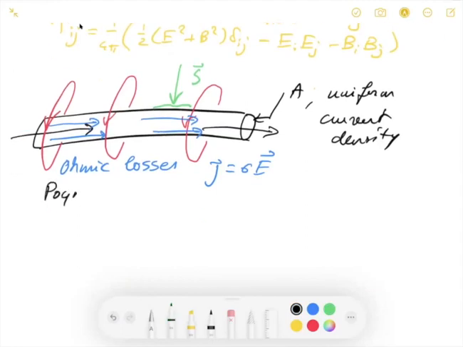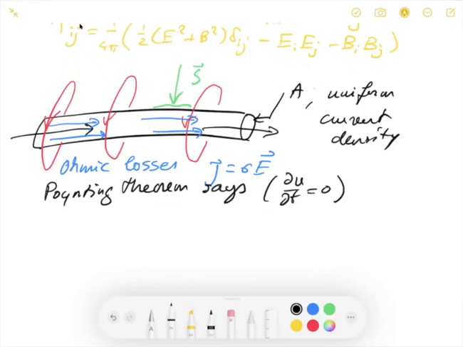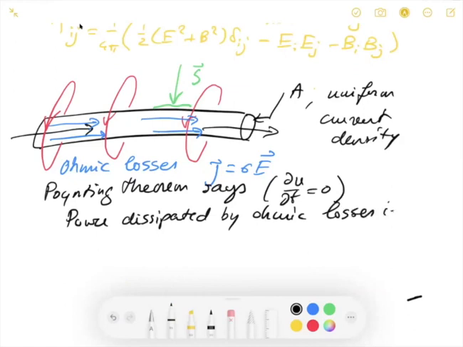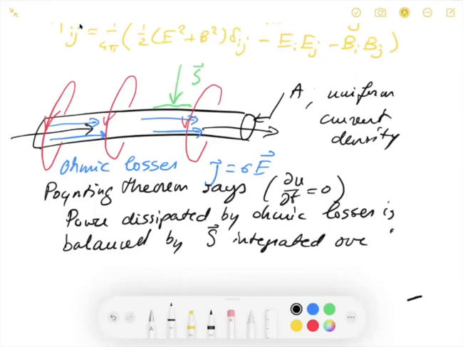So in this case, the Poynting theorem says, because du dt is 0, so quasi-static, we're not changing anything, that the power dissipated by ohmic losses is balanced by the Poynting vector integrated over the surface of the conductor.